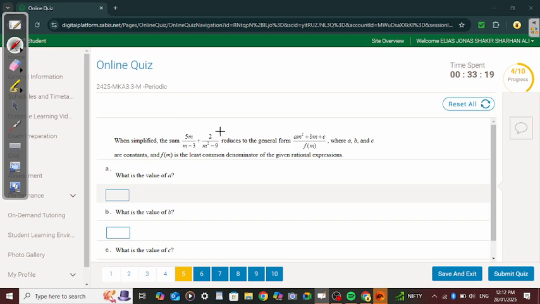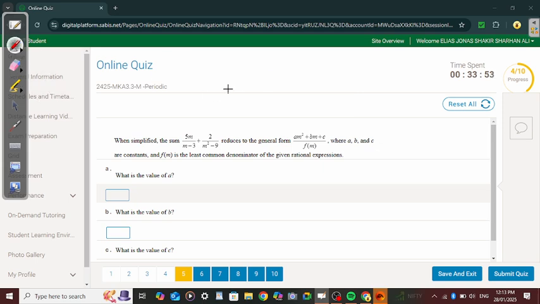M squared minus 9 could be split up into m minus 3 and m plus 3 because of the difference of two squares. So both fractions have m minus 3, so we just need to multiply the first fraction by m plus 3 to find the common denominator.